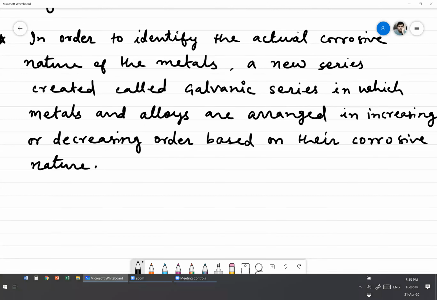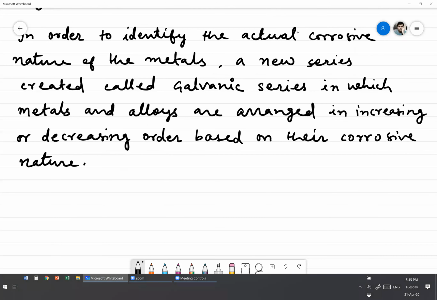So a new series was created that is called the galvanic series, and it tells the actual corrosive nature of the metals.